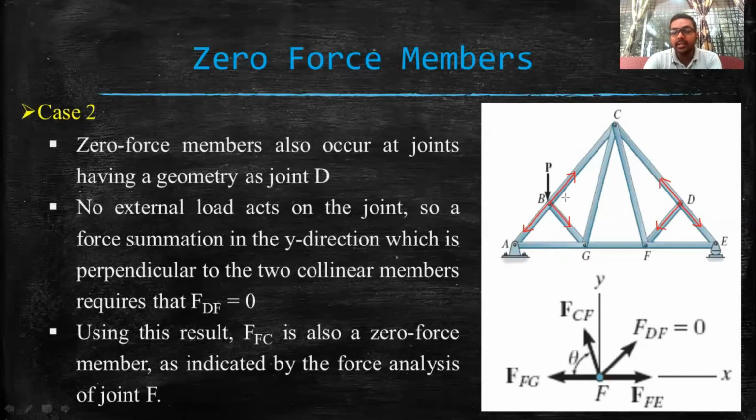But here we can see that if the internal angle between load PB and this BC is theta, then we can distribute this load in two directions, one in the horizontal direction and another in the vertical direction.